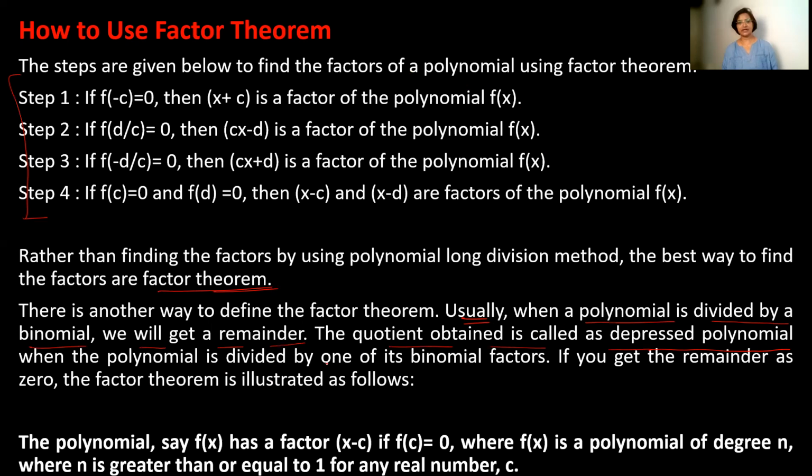When a polynomial is divided by one of its binomial factors, if you get remainder as 0, the factor theorem is illustrated as follows.